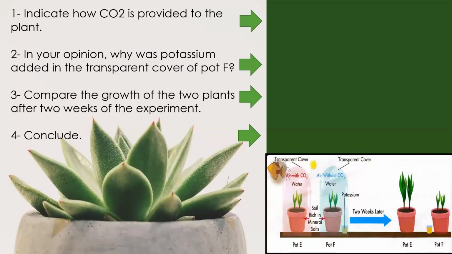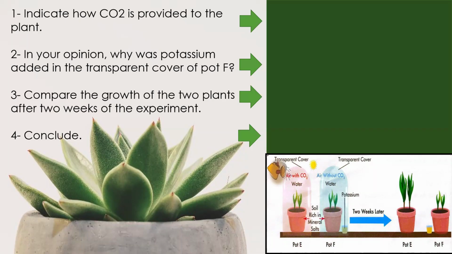In your book, page 15, the first question: indicate how CO2 is provided to the plant. First of all, it is provided to the plant by which organ? By the leaves. What do we have in the leaves that absorb carbon dioxide? Of course, the stomata.